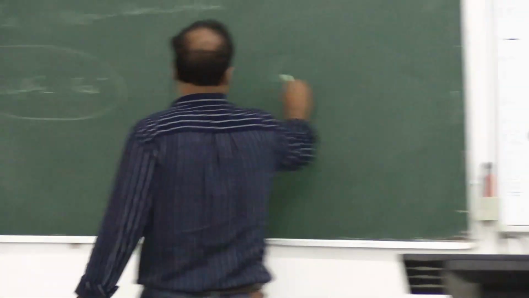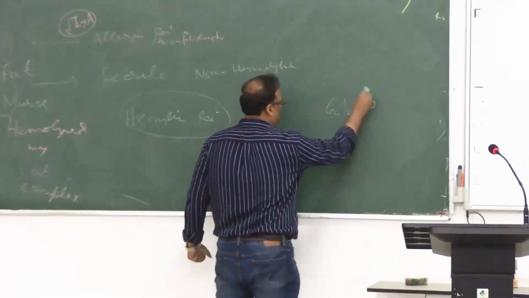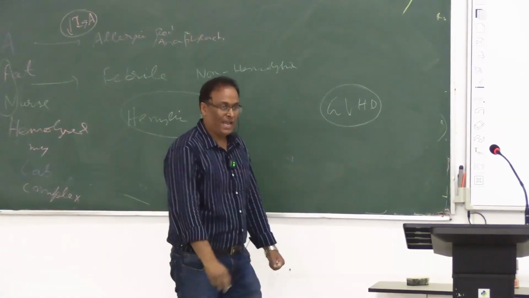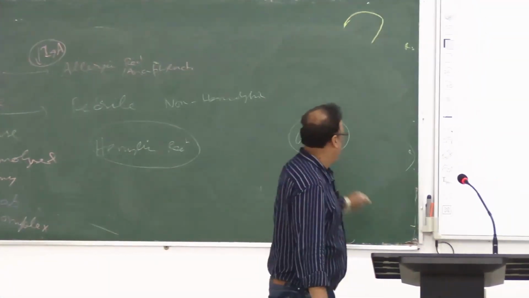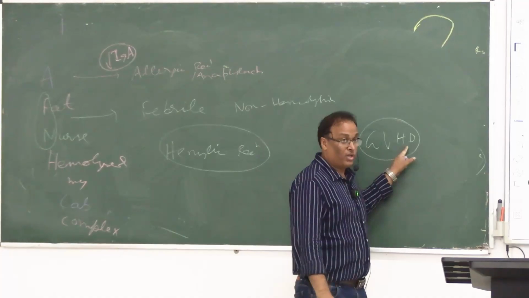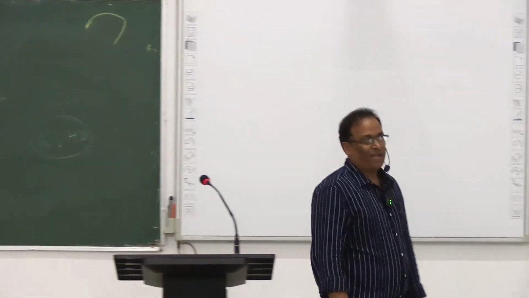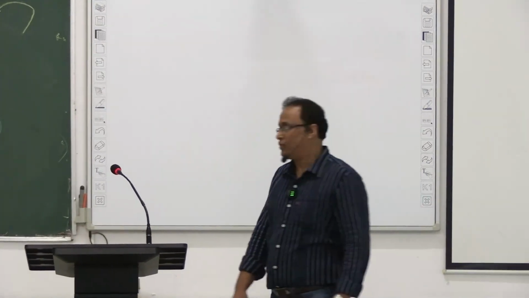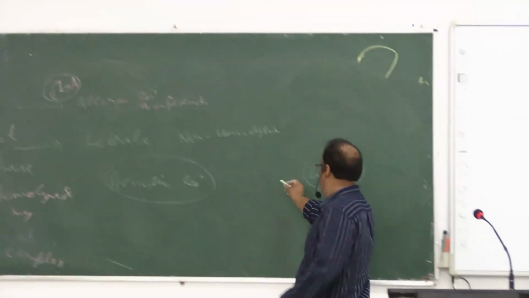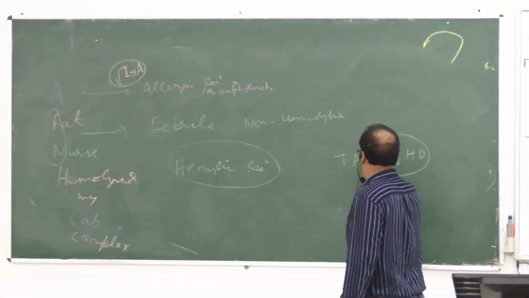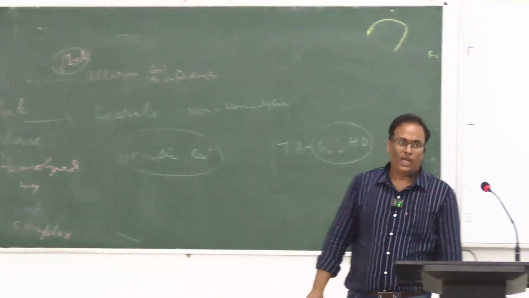Number two, that is graft versus host disease. That is called graft versus host disease. That can happen as a acute hemolytic anemia. Graft versus host disease. প্যাথোলজিতে পড়াবে আবার। So that can happen. Transfusion induced, এটাকে বলা হয় TAGVHD.